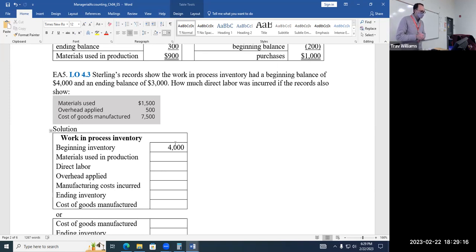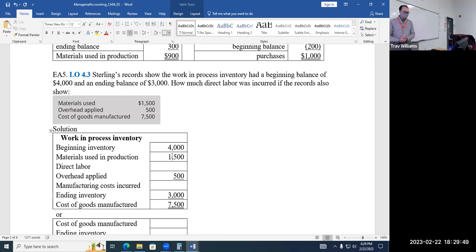Okay. Then they added to it $1,500 worth of materials during the period. They applied $500 of overhead. At the end of the period, their work in process inventory had gone down to $3,000 in costs, and they manufactured $7,500 worth of goods.